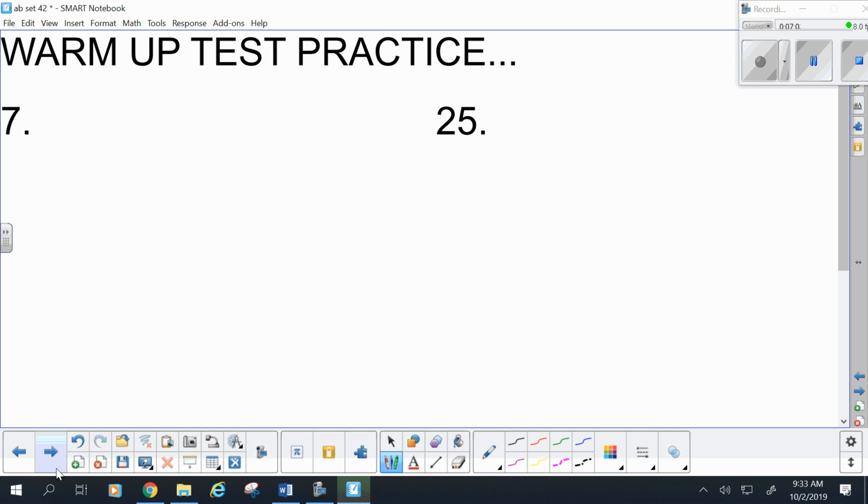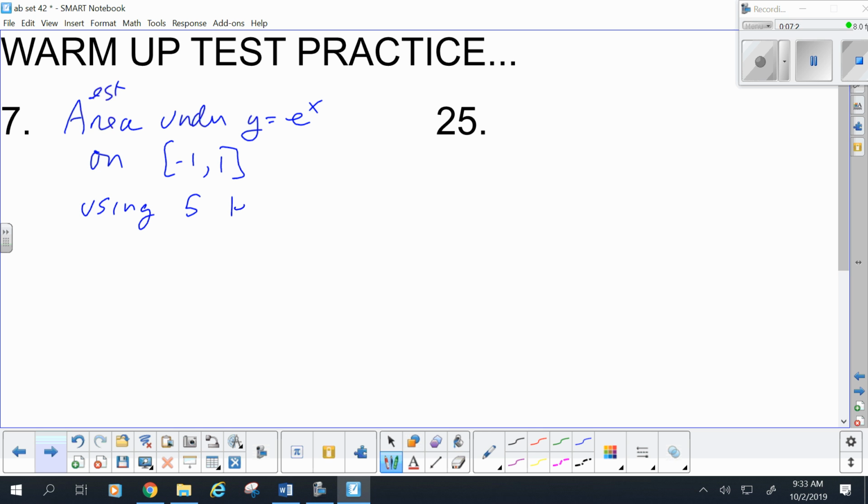Now this 7 is actually a little harder than I would expect you to be able to do tomorrow. Estimate the area under y equals e to the x on -1 to 1 using 5 left rectangles. Okay, it is calculator active.